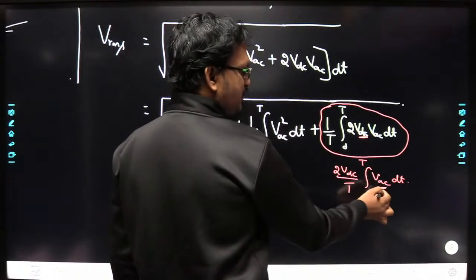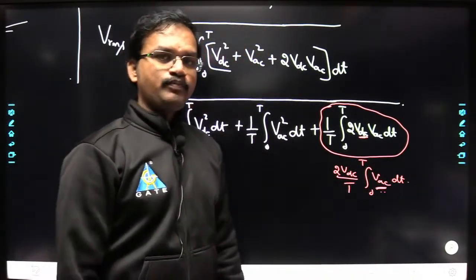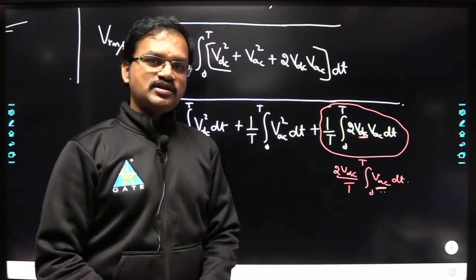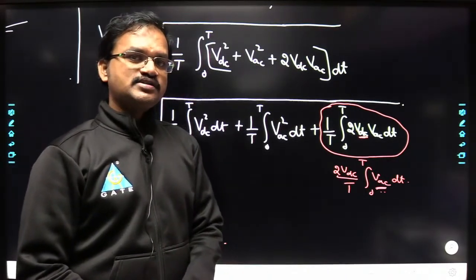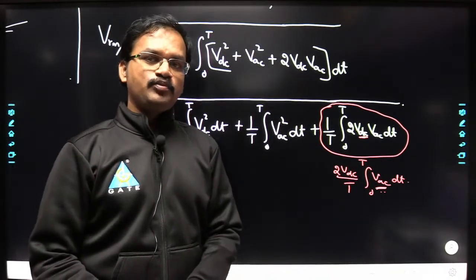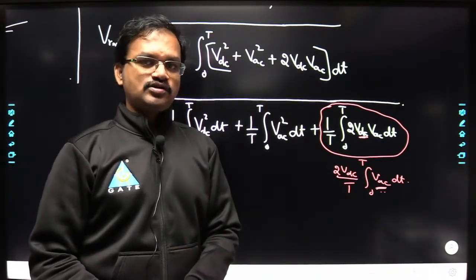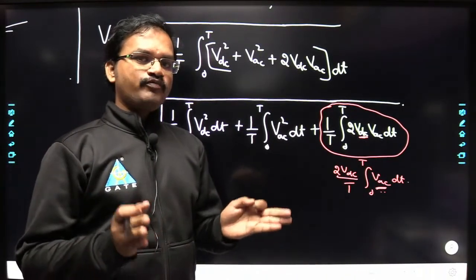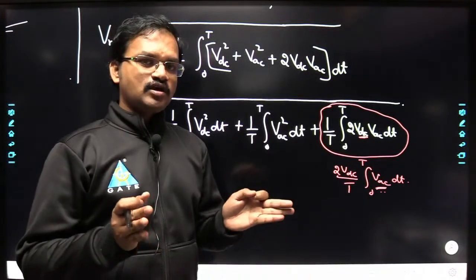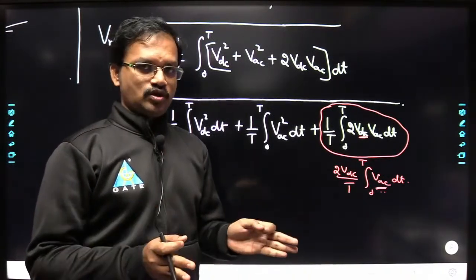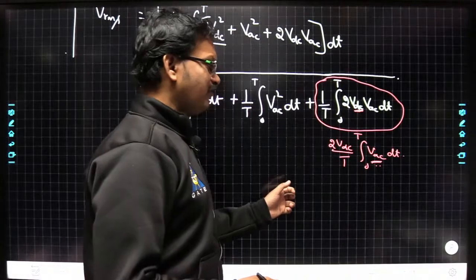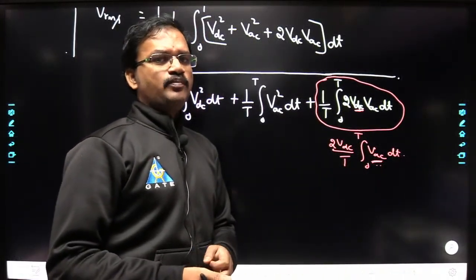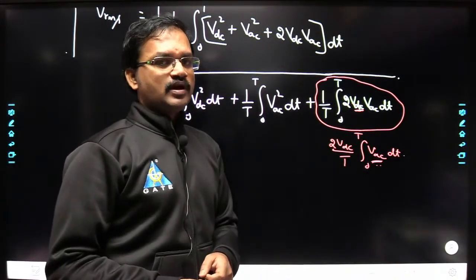Vac represents a pure AC signal, and the average value of any pure AC signal is always equal to 0. Why? Because in a pure AC signal there is no DC component, so the average value becomes 0.